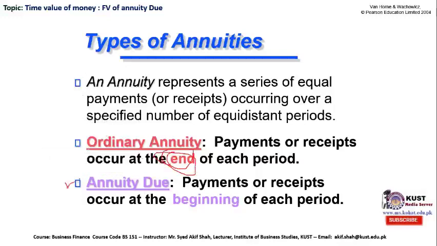And if the receipts or payments are occurring at the beginning of each period, then it will be known as annuity due. It means that if a certain banking organization is offering you to deposit your money in an annuity due based bank account, then you will be obliged to pay your obligation at the start of each period. If this is an annual payment, then at the start of the year you will be supposed to pay out your obligation.